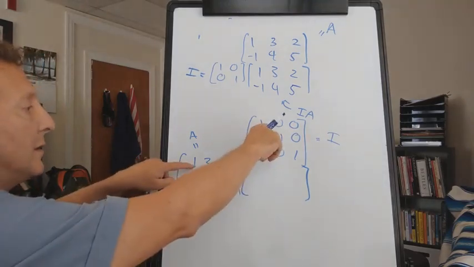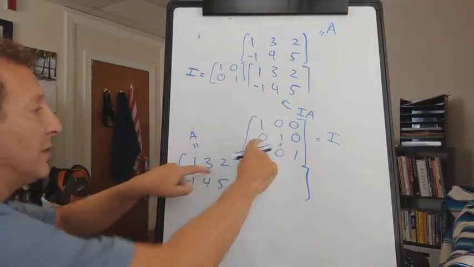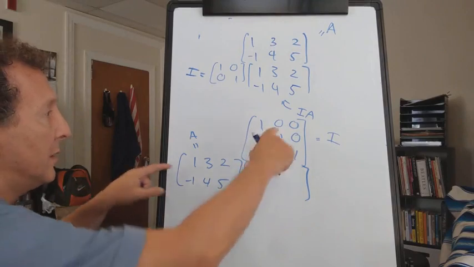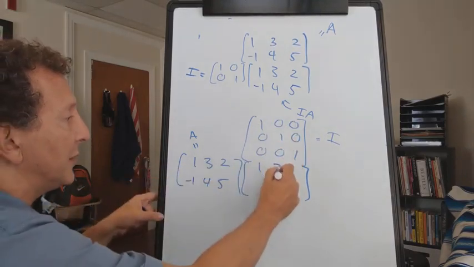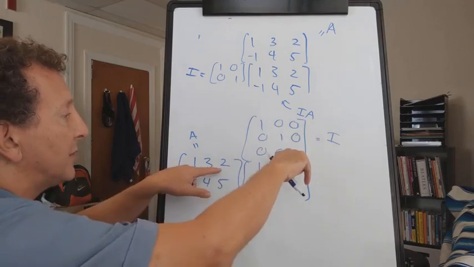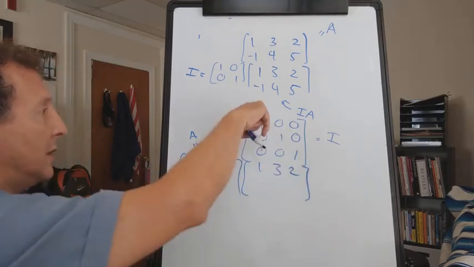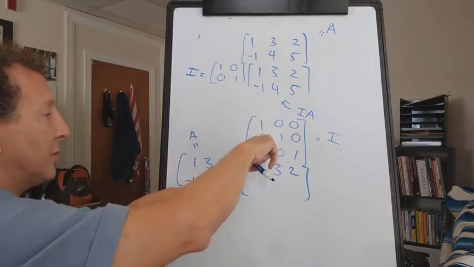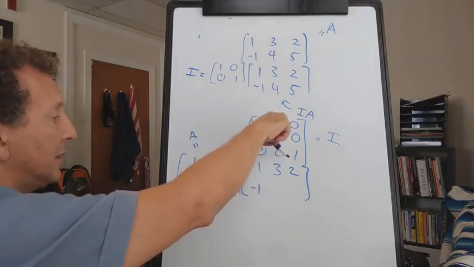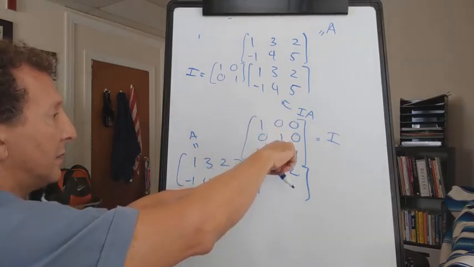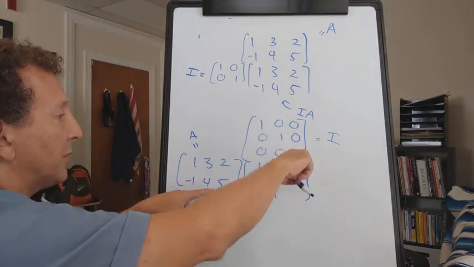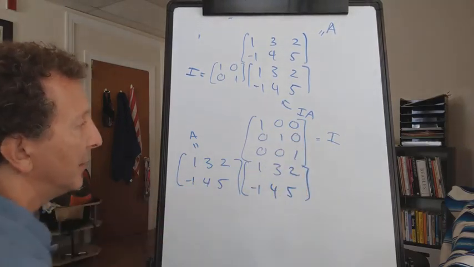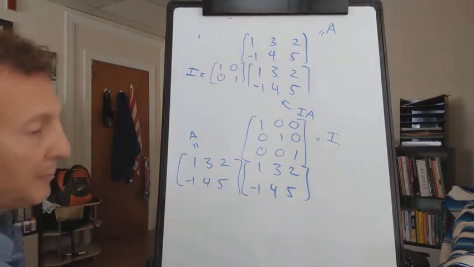So I'll have 1 plus 0 is 1. 0 plus 3 plus 0 is 3. 0 plus 0 plus 2 is 2. Negative 1 plus 0 is negative 1. 0 plus 4 plus 0 is 4. 0 plus 0 plus 5 is 5. So again, we get the same matrix back.